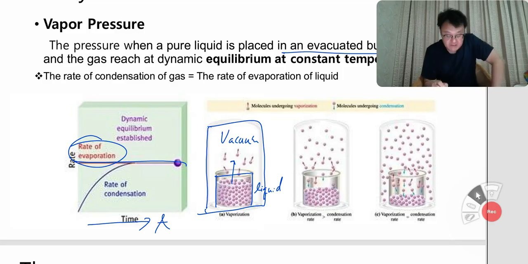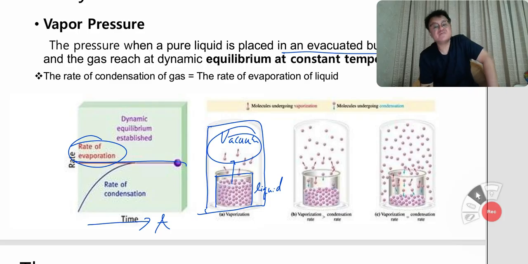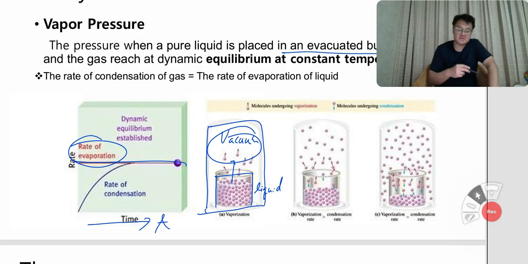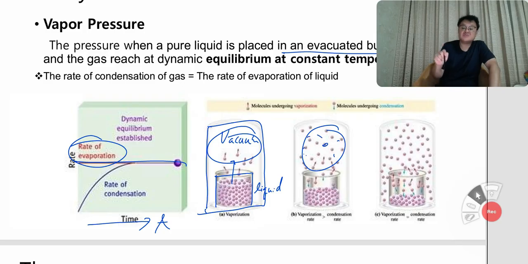Now, at the beginning, there is nothing in the gas phase, so no gas molecules can go back to the liquid phase. But as a function of time, as you have more and more gas phase molecules, the condensation rate increases. The condensation process means that the gas molecules go back to the liquid phase, okay?